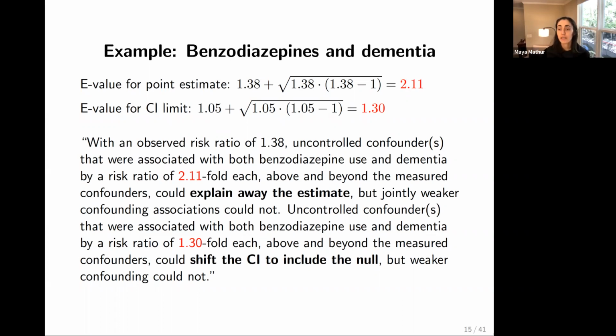But jointly weaker confounding associations could not. And furthermore, uncontrolled confounders that were associated with both benzodiazepine use and dementia by risk ratios of 1.3 each, again, above and beyond any measured confounders, could shift the confidence interval to include the null. But again, weaker confounding could not.